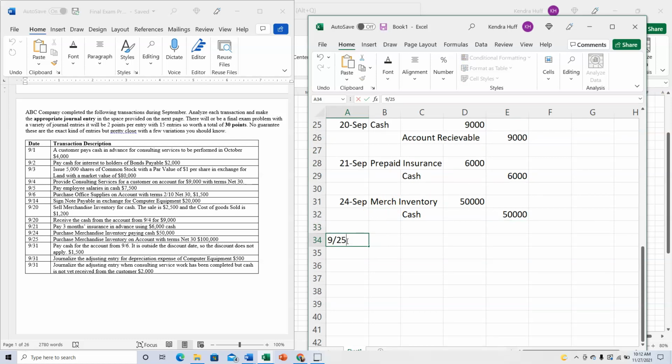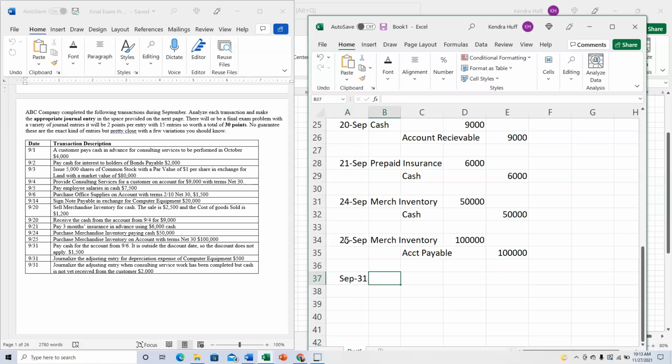9.25. Purchased merchandise inventory on account with terms net 30. So same basic entry, but accounts payable is the credit. So merchandise inventory. 9.31.